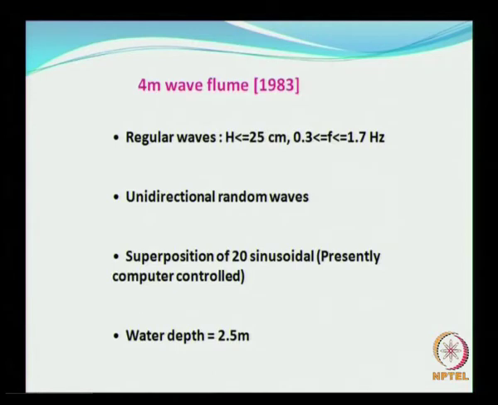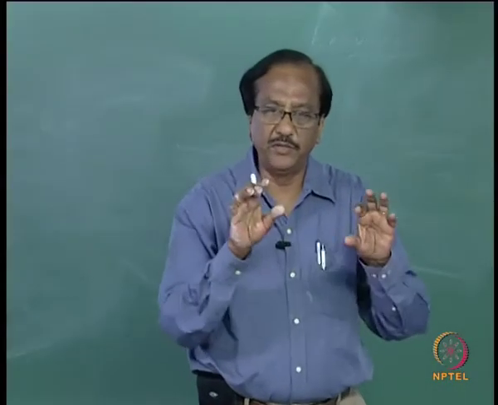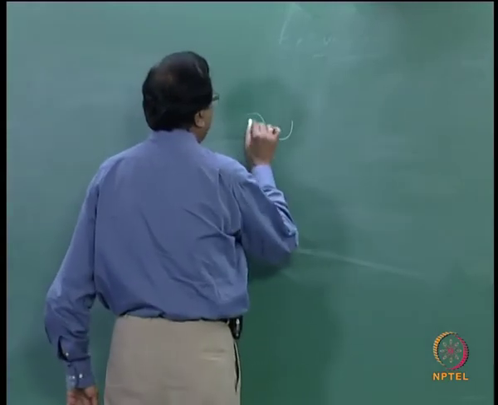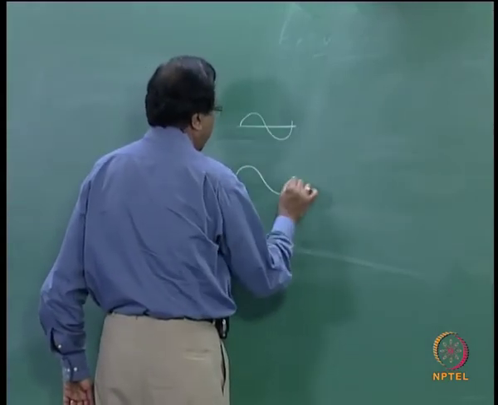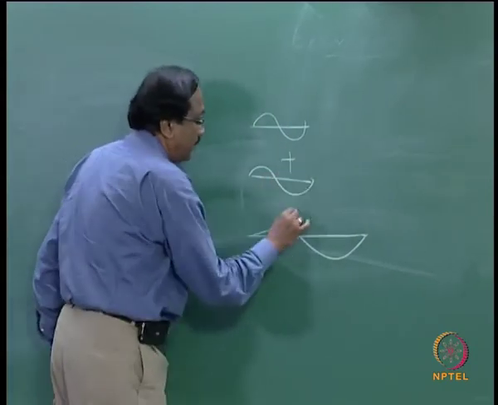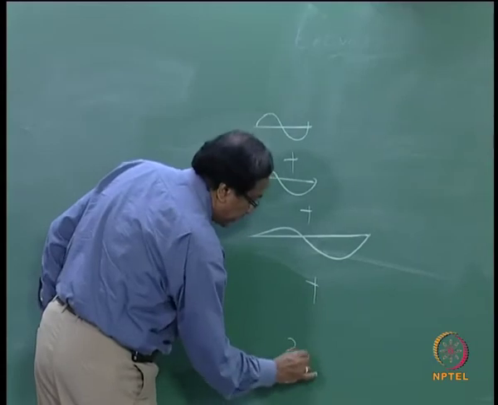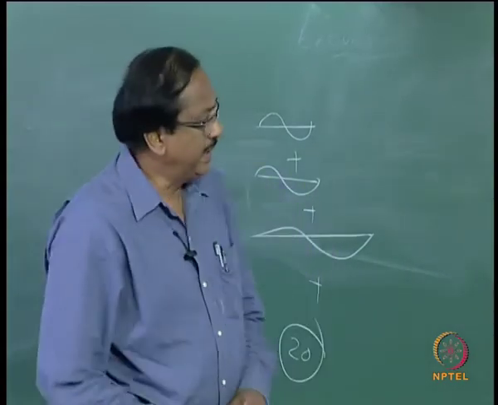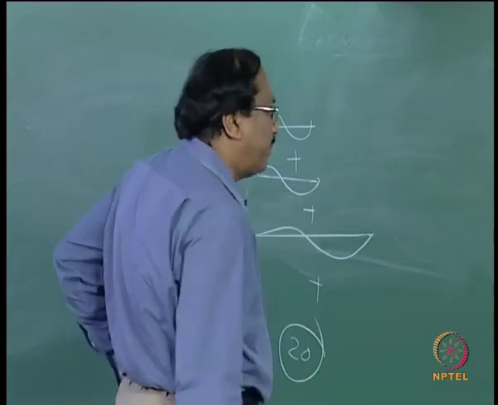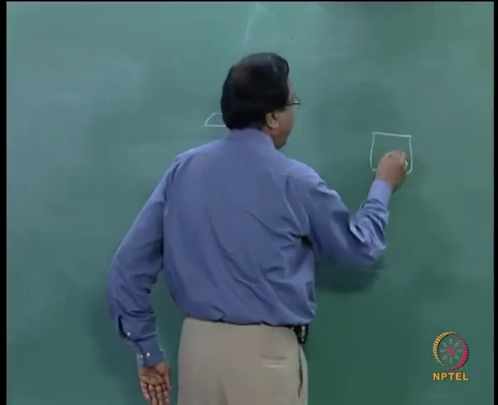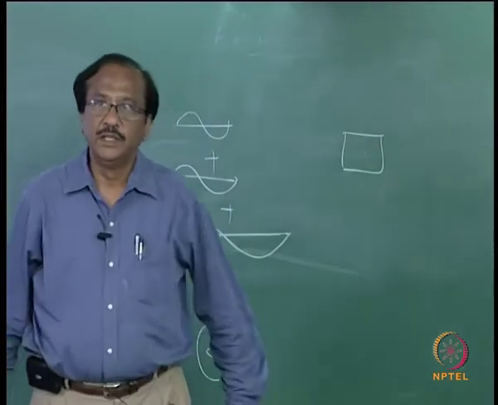Initially we had a control system that had only the facility of superposing 20 sinusoidal components, only 20 such components, but later it was replaced by a computer controlled system, which I had explained earlier.